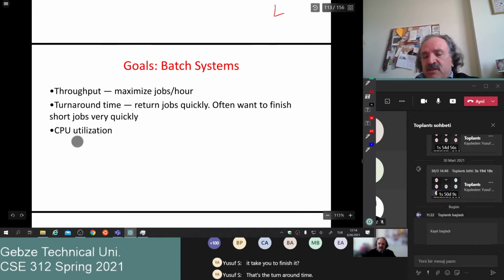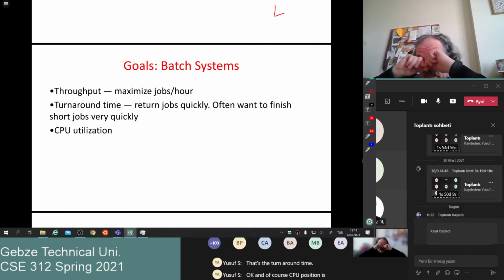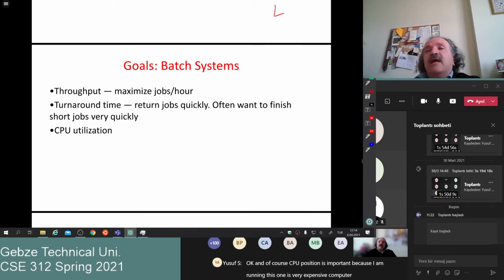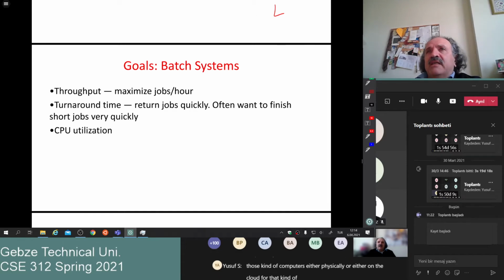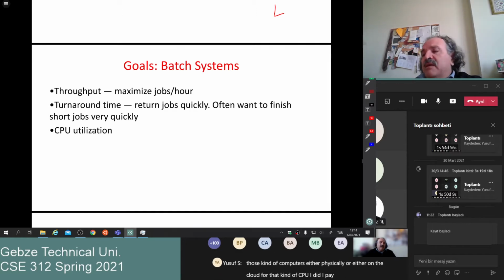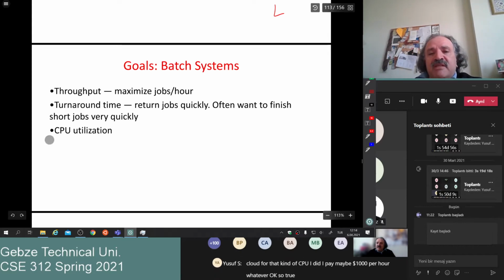And of course CPU utilization is important, because I am running this on a very expensive computer, and I like to keep it busy, because most of the time I rent those kinds of computers either physically or on the cloud. For that kind of CPU, I pay maybe $1,000 per hour, whatever.